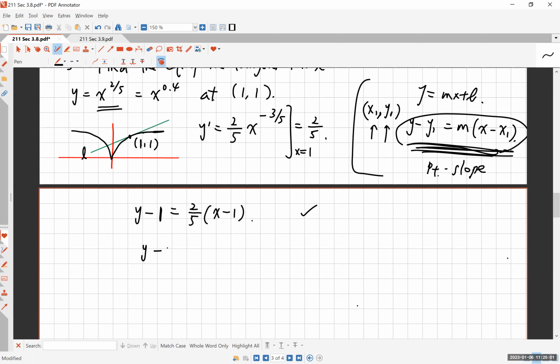If you are like most other people in the math world who insist on having the y-intercept form of the equation, you can certainly do that. This is 2/5 x minus 2/5, so y is 2/5 x plus 3/5. And now you know that the y-intercept has to be 3/5. But again, this is okay, but so is this.